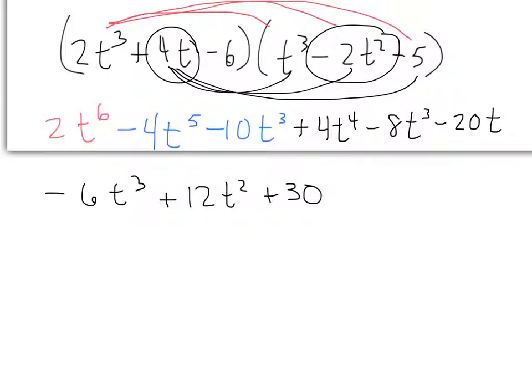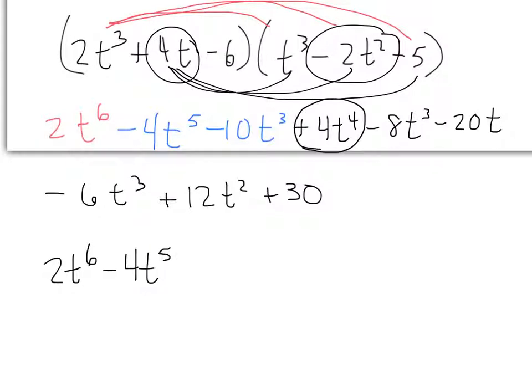Now you've got all these terms. It's all one line. I just went over the next line. Paul, what do I have to do now to make this look nicer? Yeah, so anything that goes with a 2t to the 6th anywhere? No. How about t to the 5th? No. How about t to the 4th? No, there's only one of them right here.